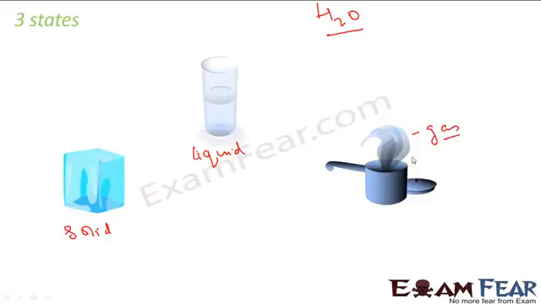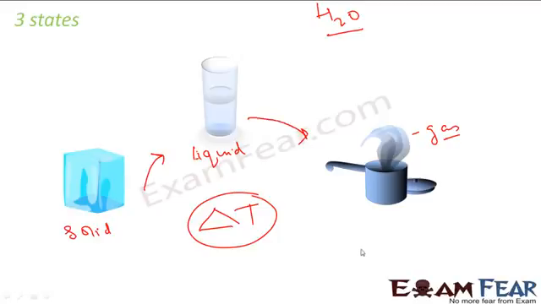So a matter can exist in three forms. In this case, the same matter exists in three forms, and the only difference is temperature. You keep heating, solid becomes liquid. You keep heating, liquid becomes gas. So based on the temperature and pressure, a matter can exist in various phases.